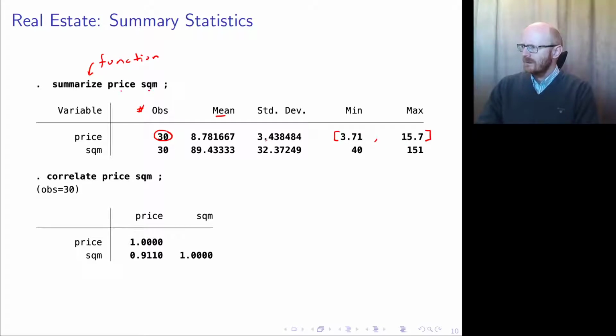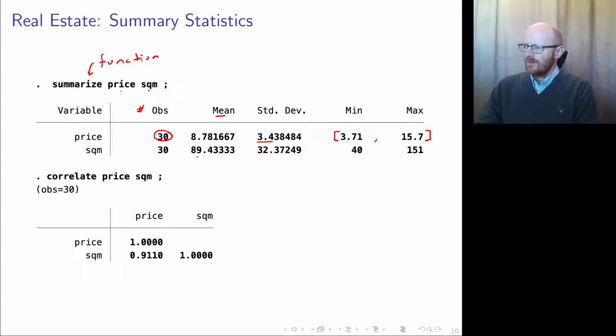And the standard deviation says something about the distribution of our data set. So in case this is normally distributed, then you can say something about the probability that a certain price would lie within 3.43 around the mean.